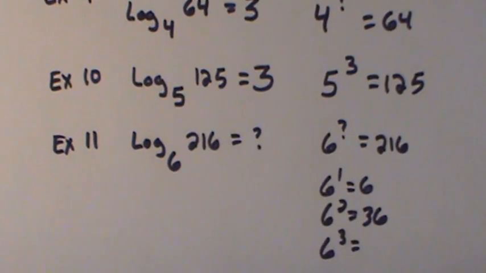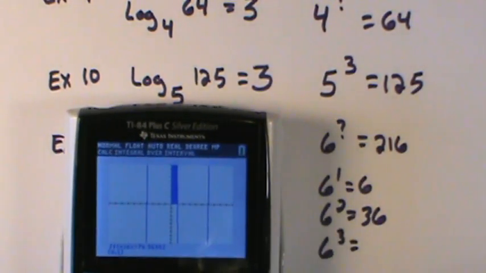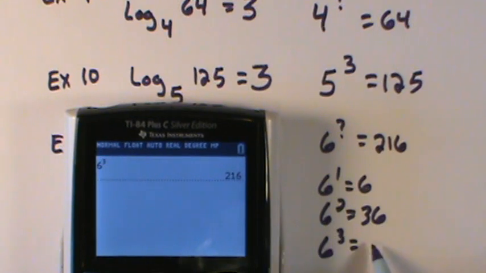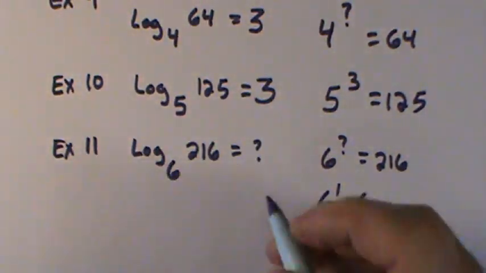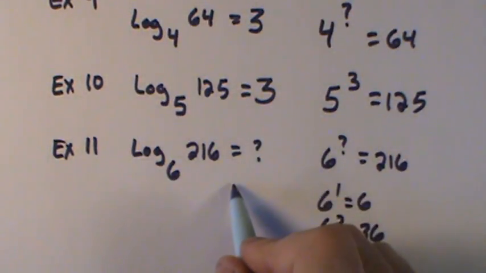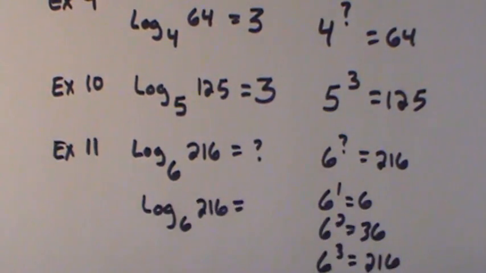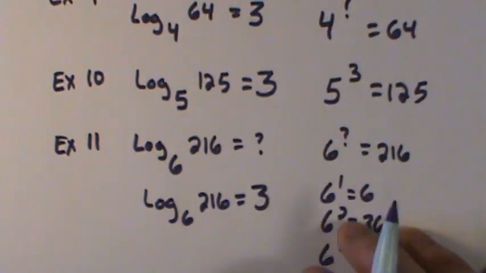Now, if you're going to use your calculators, I'm giving you the method here. I would go 6 raised to the 3rd, and I see that that is 216. So I just start listing these out until I get to them. And then once again, this would be equal to 3. So it's log base 6 of 216 is equal to 3. So we got a bunch of these where they were equal to 3.